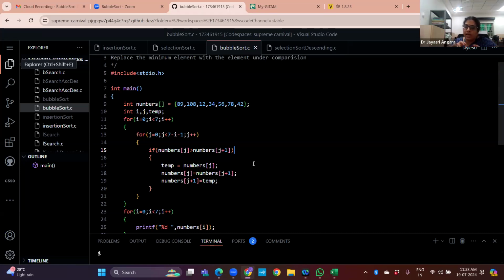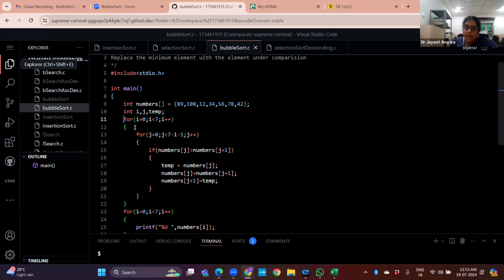While explaining the working scenario, I told you the number has to be kept in a temporary location, the other number goes to the first position, and the other position is filled with the temporary variable. That is what we are explaining in these 3 steps. So swapping is going to happen if the first element is greater than the second element.